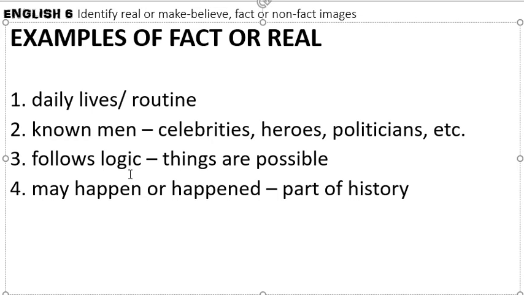Kung ito po ay mga things that are possible within the grasp of human. Example, flying a kite. That is part of ability, kaya yung gawin ng isang tao. Driving a bus. Yan. So, yan ay follows a logical pattern. Can be. Number 4, may happen or have happened.